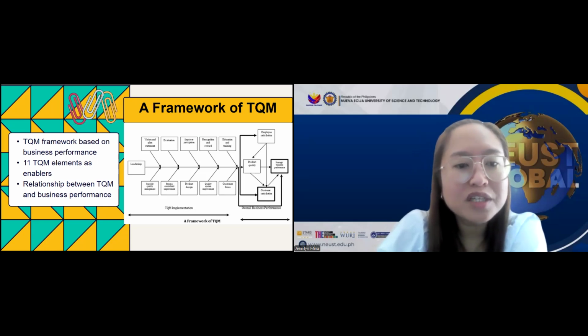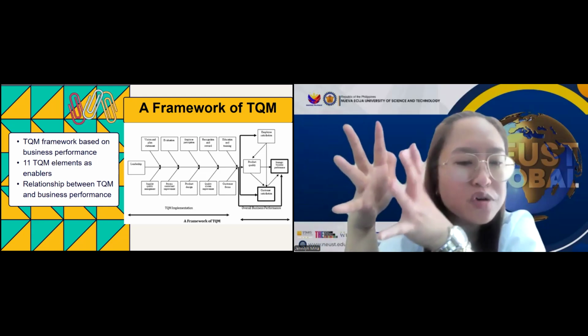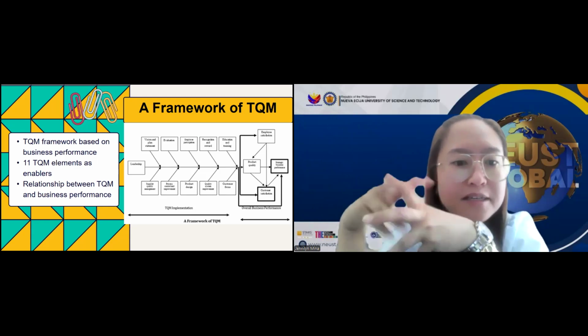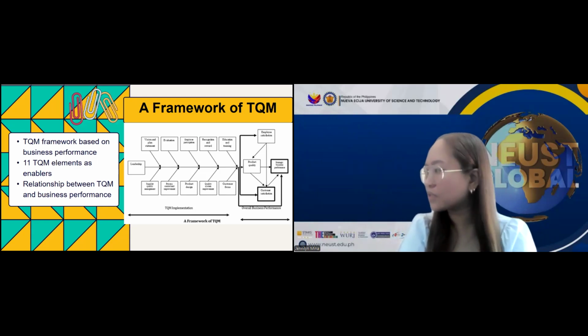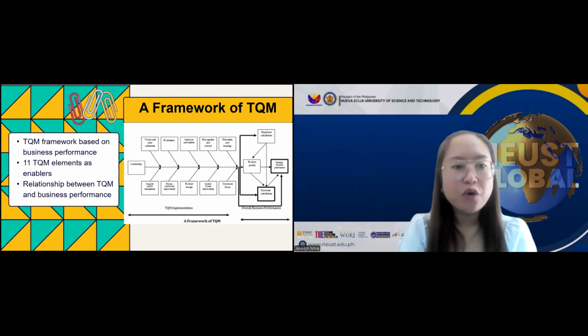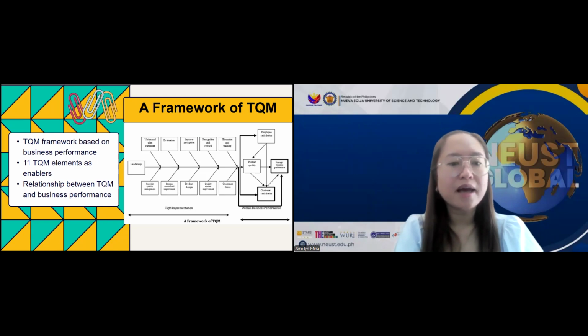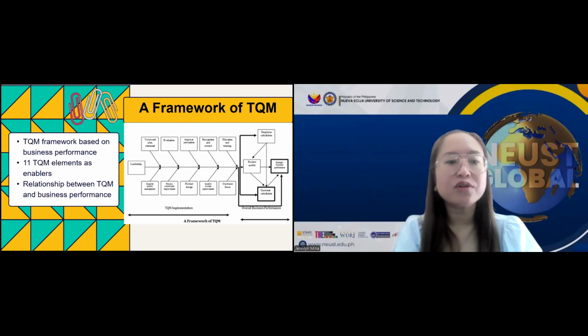For process control and improvement, the just-in-time system reduces waste and ensures efficiency. For customer focus, they continuously improve vehicle safety, fuel efficiency, and design based on customer feedback. Using total quality management, Toyota maintains high product quality, reduces defects, and keeps customers happy, leading to long-term success.